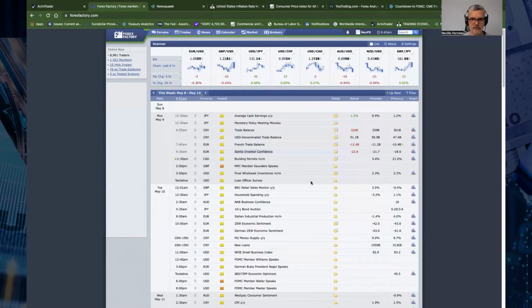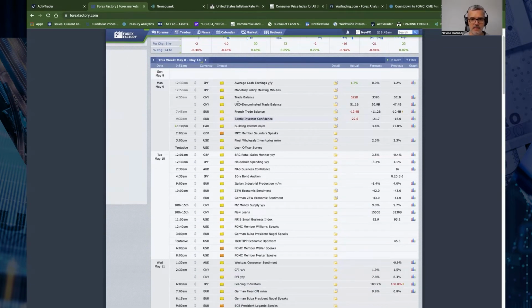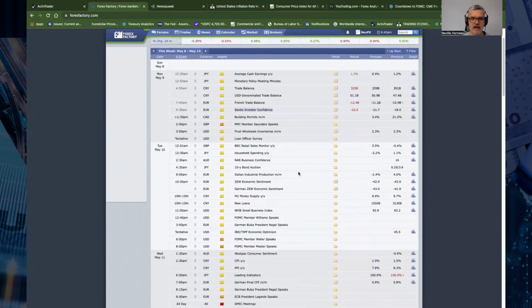But going back to the Forex economic calendar, we see here that Sentix investor confidence came in worse than expected, also worse than previous readings. So that's weighing on the euro, as is the continued violence in eastern Ukraine and from Russia. So that's what we're looking at the moment.